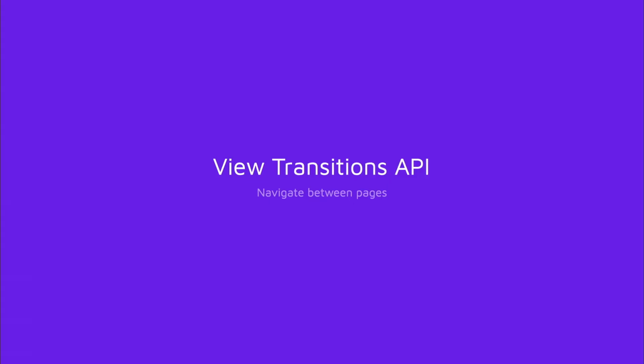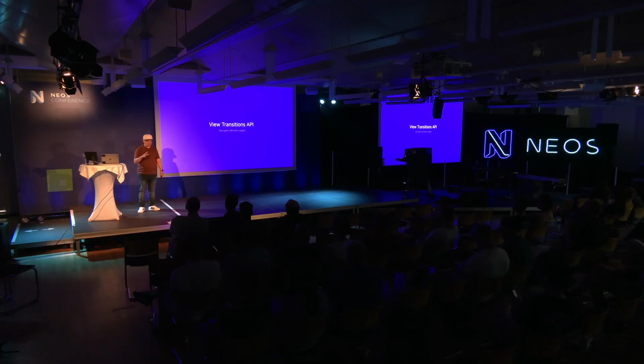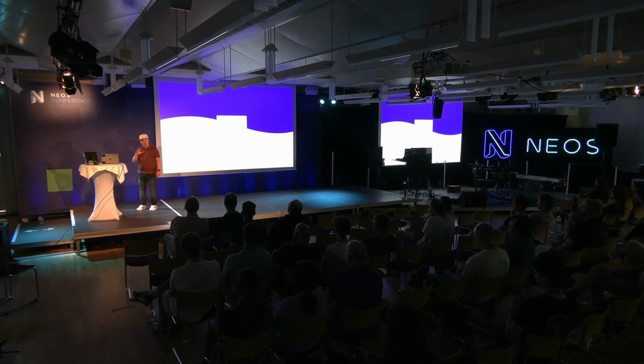View Transition API. Do you know this? Did you hear of that? If not, go to my website, go from dark mode to light mode, and you see an animation like that. Here in this presentation tool, I can't do it exactly like that. With JavaScript, I can't do it, but with normal pages, you just can do it.